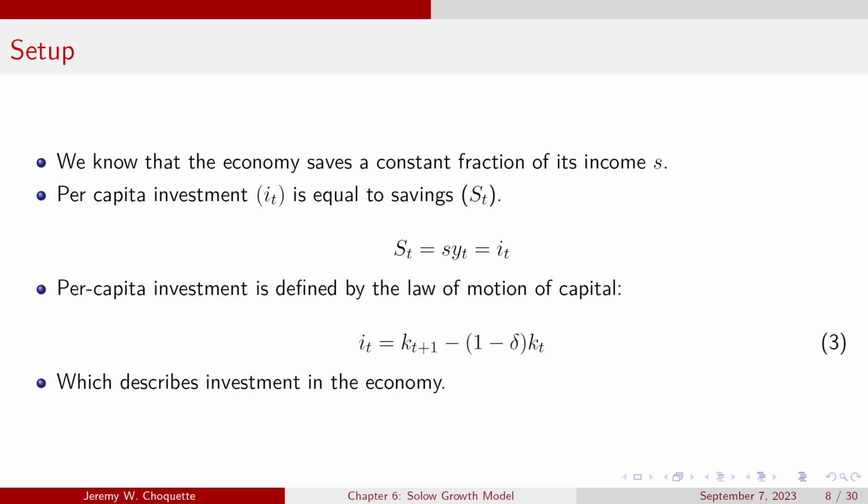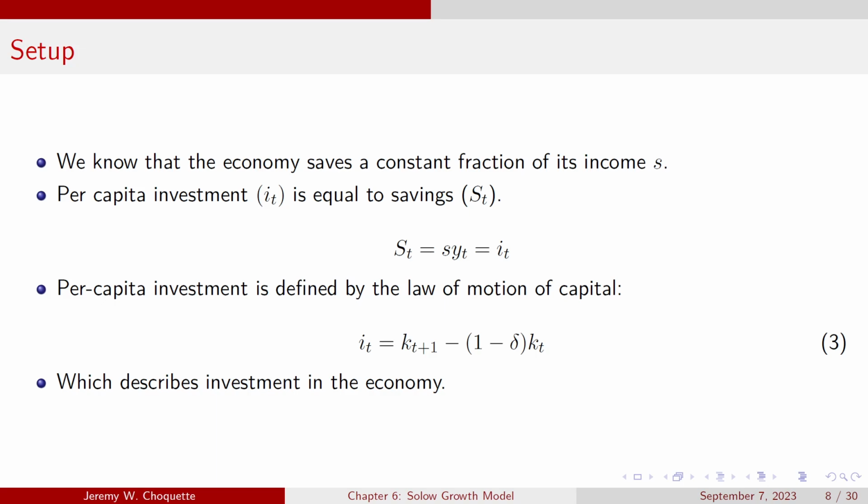So if delta is, say, 0.05, right, depreciation is 5%, then that's going to tell me 95%, right, 1 minus 0.05, 95% of today's capital will exist tomorrow. That means 5% of that capital falls apart and needs to be replaced before we begin adding new units of capital that can be used for production.